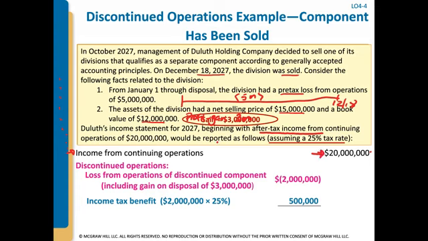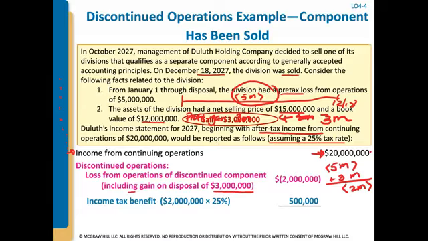Then we report the discontinued operations. We say loss from operations of discontinued component, including a gain on the disposal of $3 million. So we report it as one line item. You can report it as two, but this is the $5 million loss plus the $3 million gain, the 15 minus 12, which gives us a net $2 million loss from the operations.